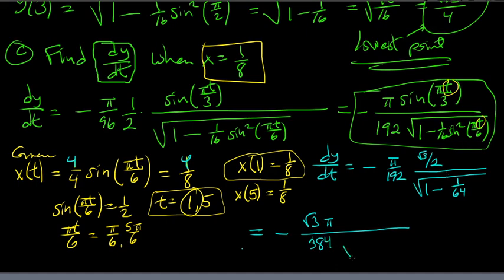And then this is going to be the square root of 63 over 64. So square root of 64 is 8. So this is just going to be square root of 63 times 384 divided by 8, which is 48.